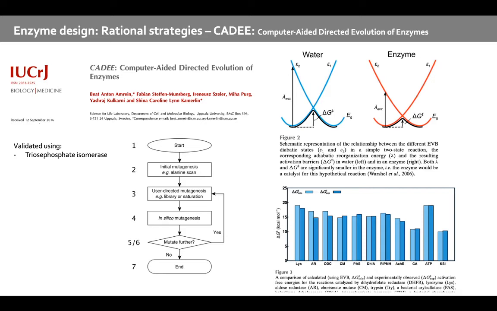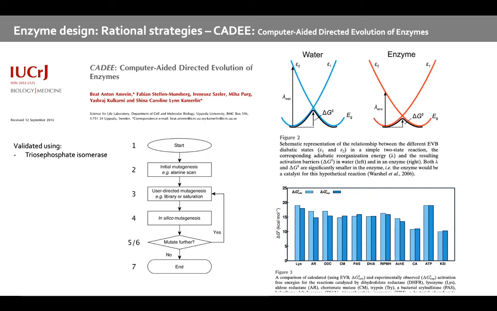And with this, here below you have figure 3, where they show the delta G, so the barriers of different enzymes. For each column is a different enzyme for which they have the experimental value for the barrier, and how EBB performs in reproducing the experimental data.